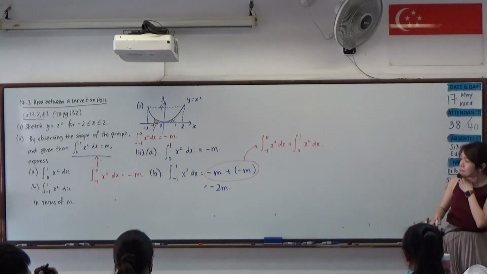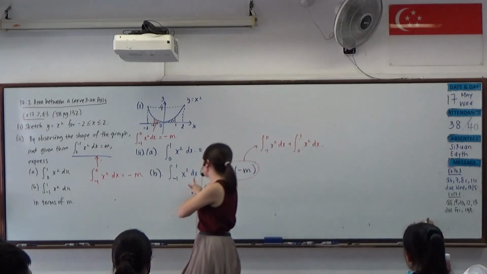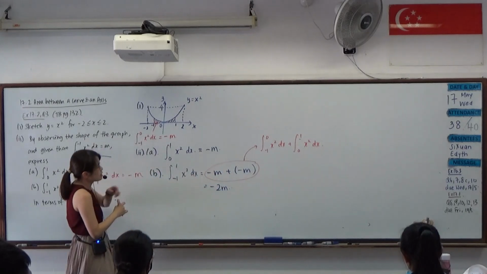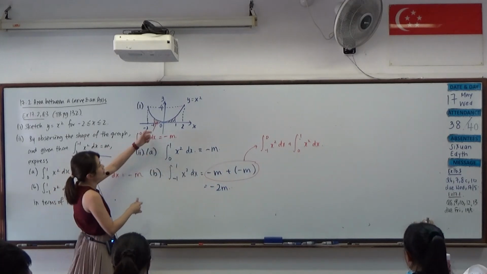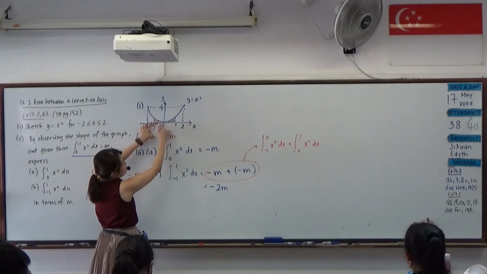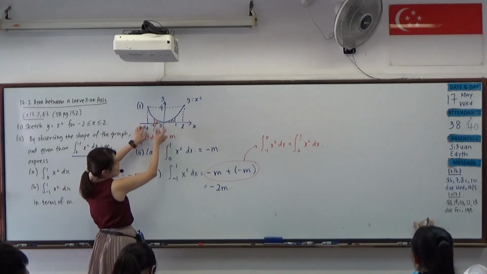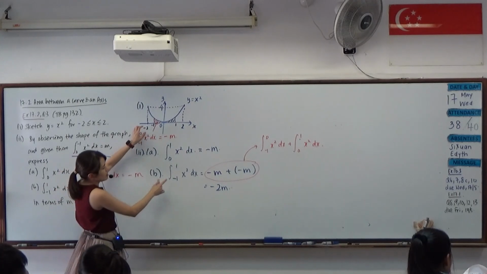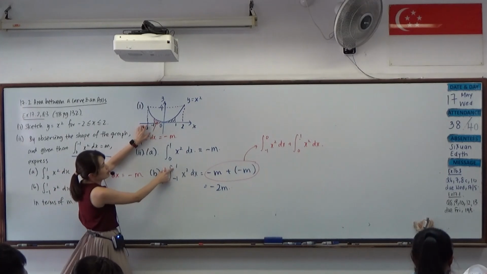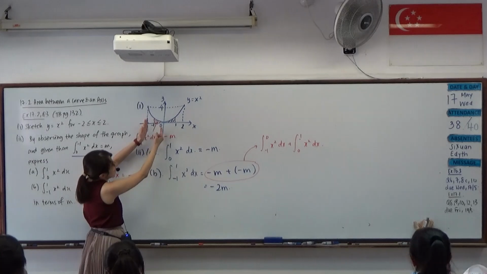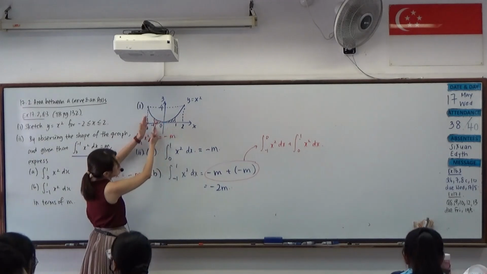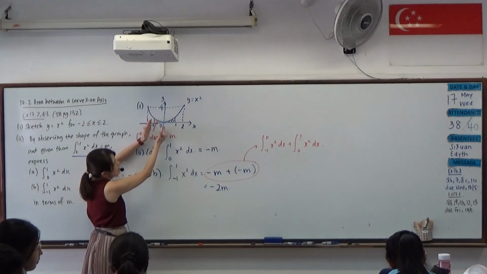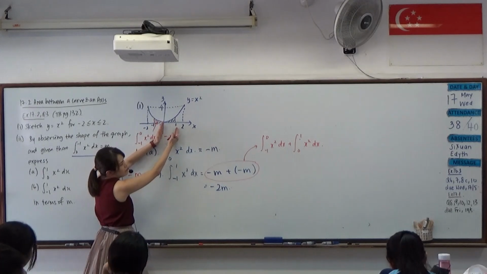Okay, so from part B, we get negative m plus negative m because we know that from negative 1 to 1, it will be this range and the area will be symmetrical, so negative m, we add them up. Okay, but what we can also observe is that for the integral from negative 1 to 1, we are actually breaking up into two separate integrals, one from negative 1 to 0, the other one from 0 to 1 itself.